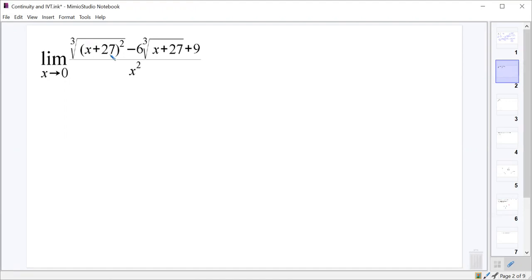Should get 27 cube rooted, which is 3, squared, which is 9, minus this, which is 18, plus 9 over 0. That's 0 over 0, right? Everybody agree that that's 0 over 0? Hope so, because it is.